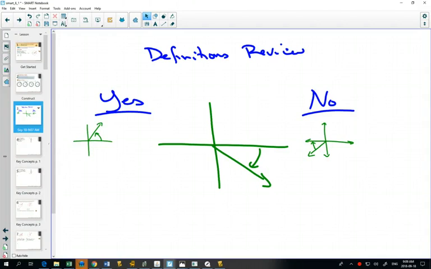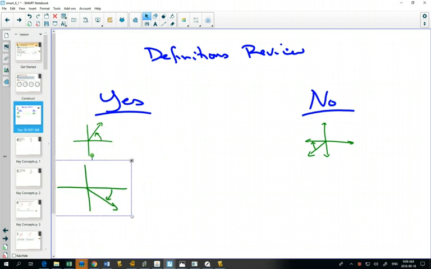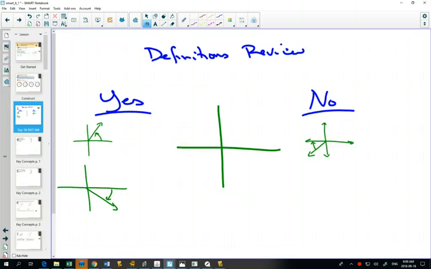How about that one? This one is, okay. Another one.